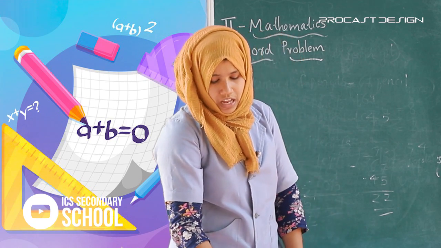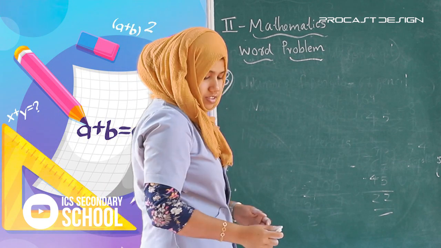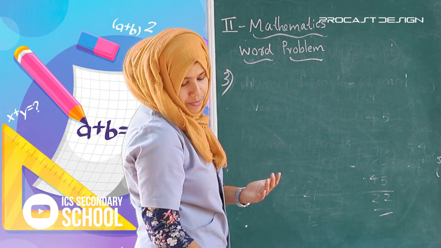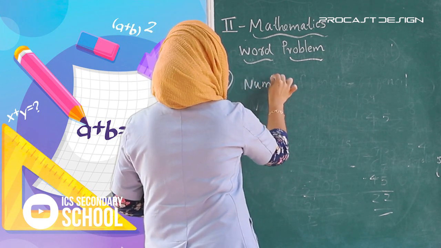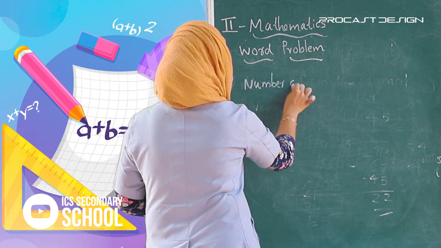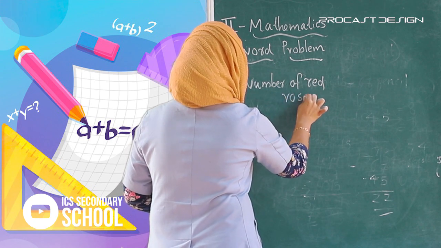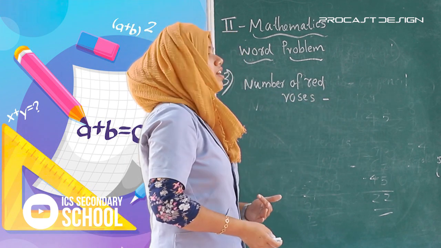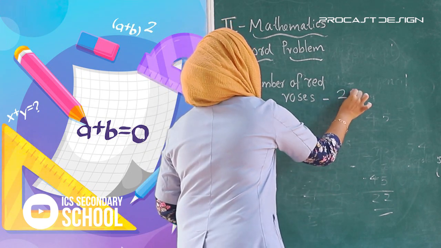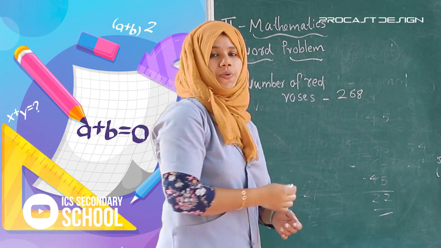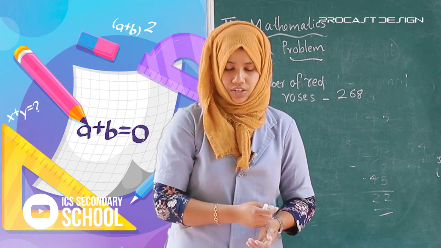First you write the number of red roses, second the given, third what to find. This is the method to solve the word problem. Number of red roses is 268. Next, a customer bought 136 of them.